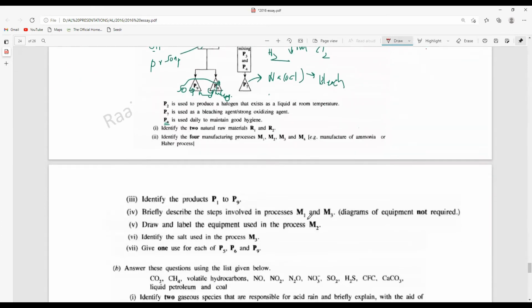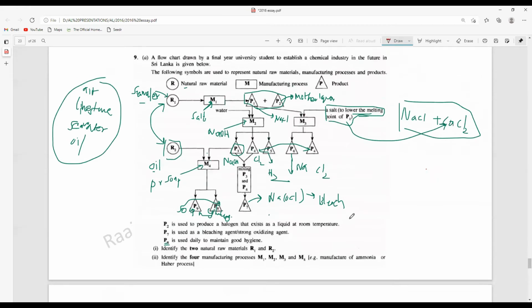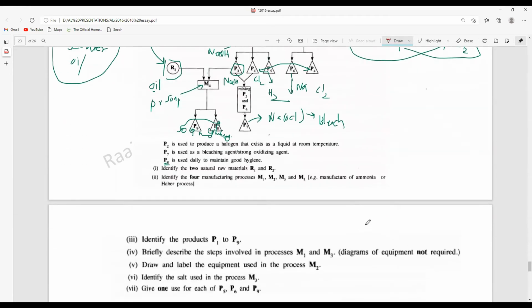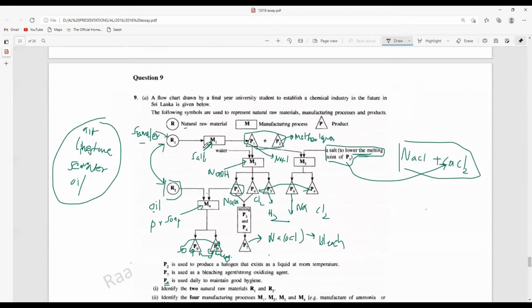Briefly describe the steps involved in M1 and M3. Diagrams of equipment not required. M1 is salt. You can tell there are 3 tanks used. In tank 1, calcium carbonate gets precipitated, and the rest is filtered out to tank 2.